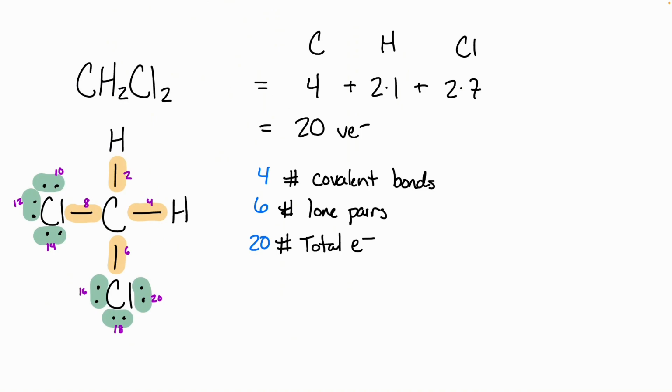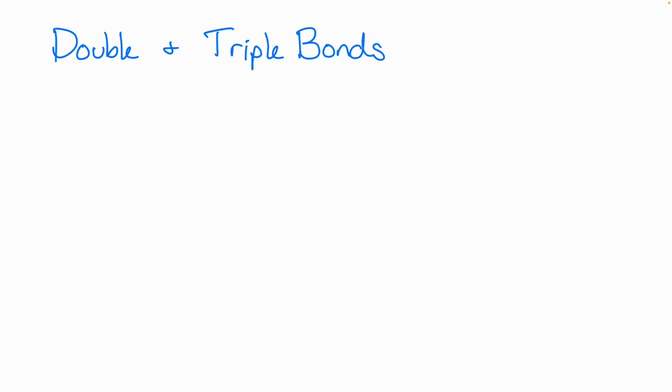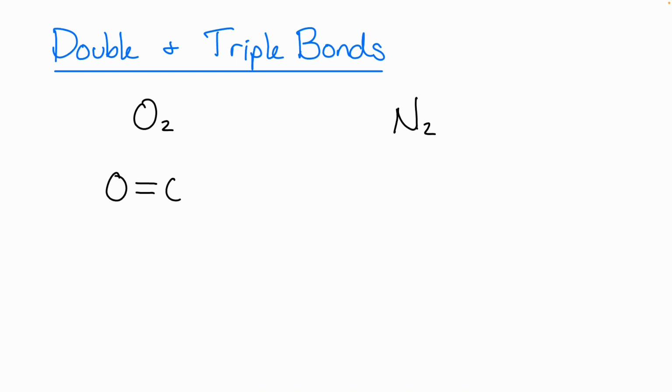Okay? 2 more important points about these Lewis structures. One would be what we would call double and triple bonds. So for example, oxygen gas we know is diatomic. So is nitrogen gas. The structure of these 2 molecules looks like this.